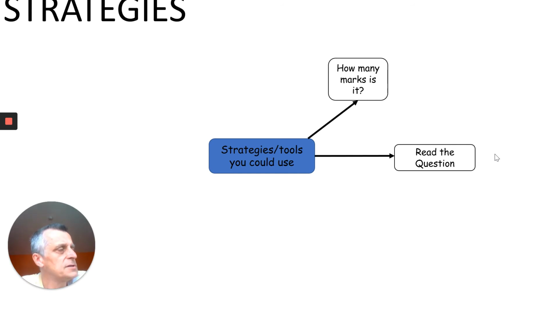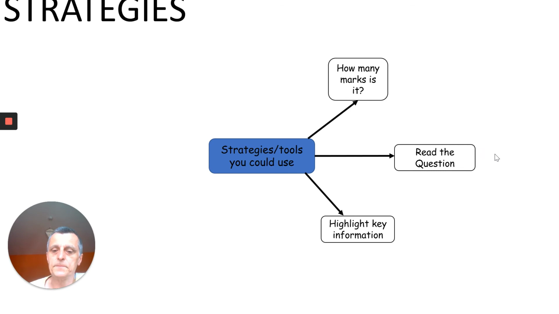That sounds obvious: read the question. But often people don't. And when I say read the question, read everything. There might be something somewhere that is going to give you a real clue on this question. So read it very, very carefully. As you're reading it, highlight key information.